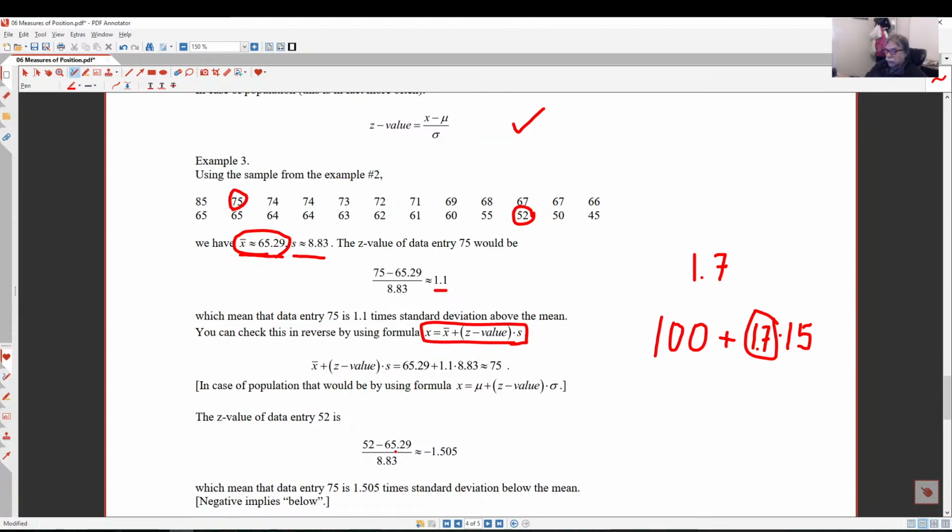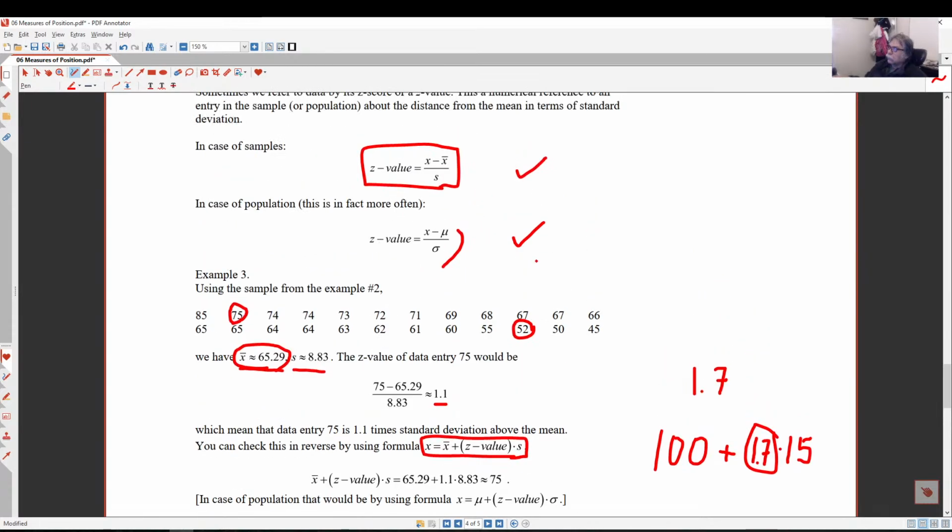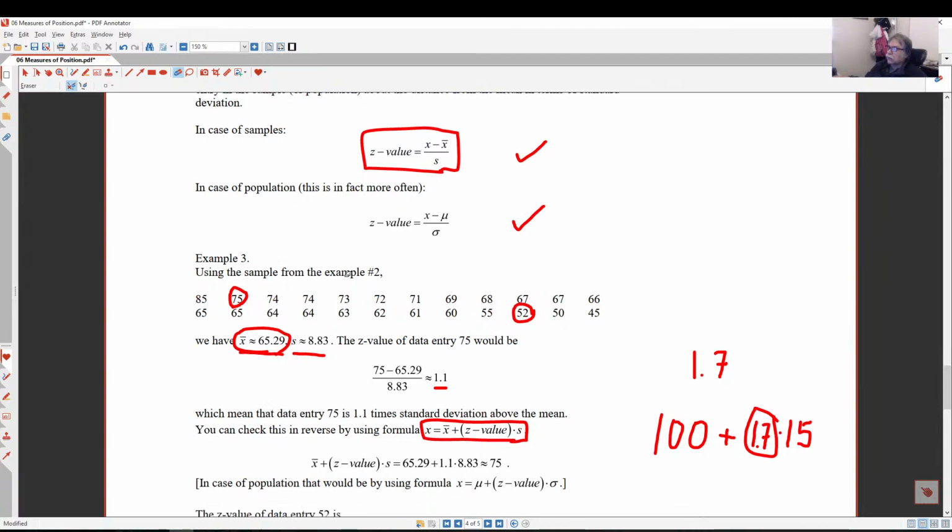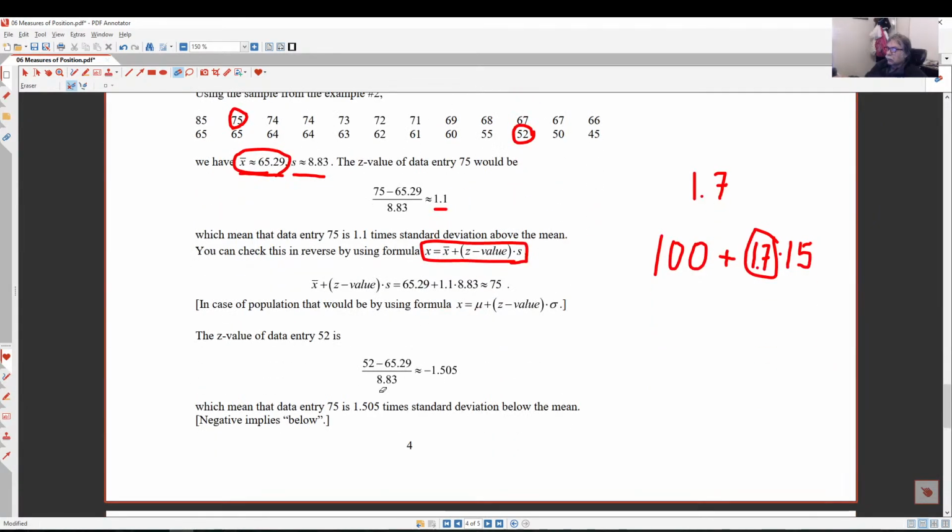52 minus the mean. So I'm using again this formula. The second one would be for the population; we are using the sample formula here. The x value 52 minus the average 65.29, divided by the standard deviation 8.83, numbers calculated previously, and you end up with negative 1.505.